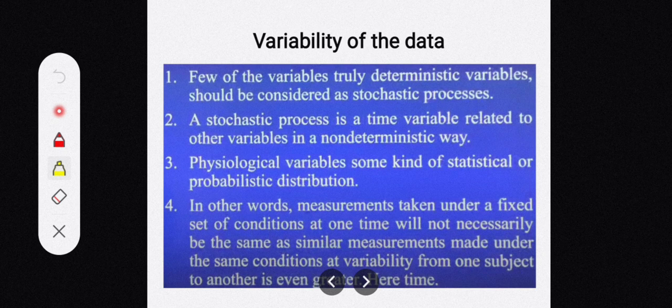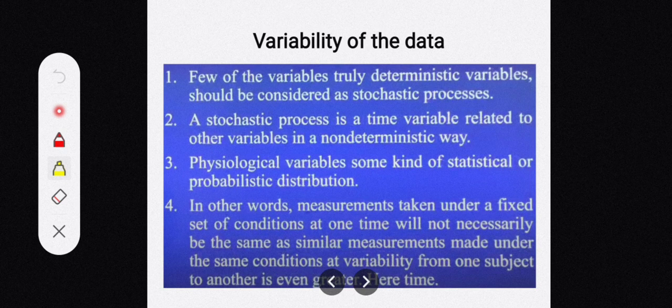Means, if you want to measure a physiological variable under a fixed set of conditions at one point of time, the result so obtained may not match the result done under those similar set of conditions but at another point of time.